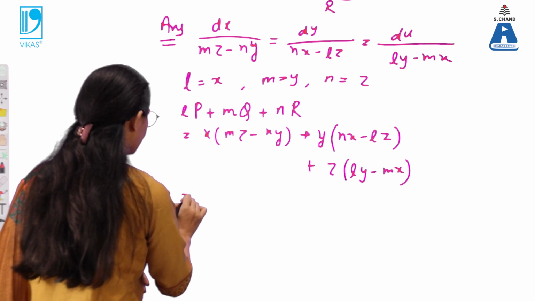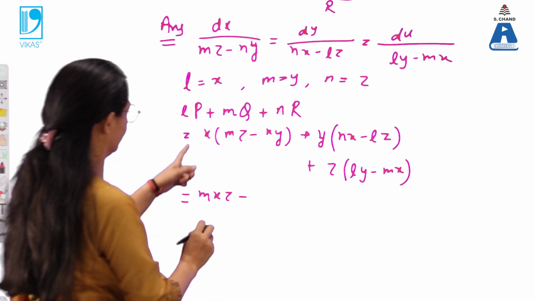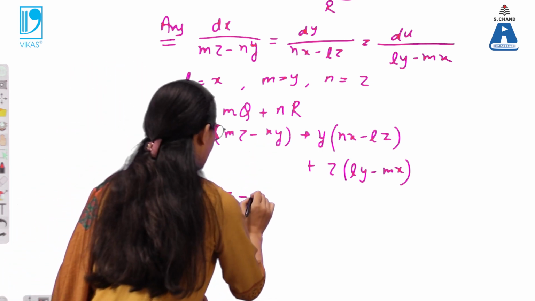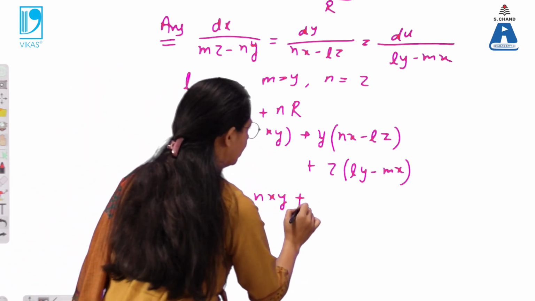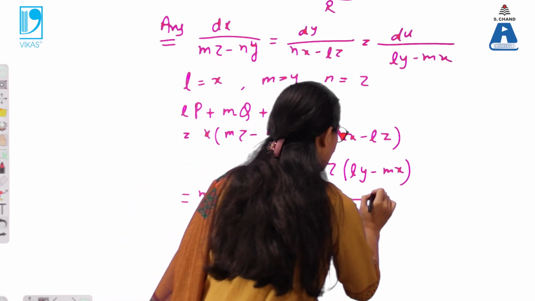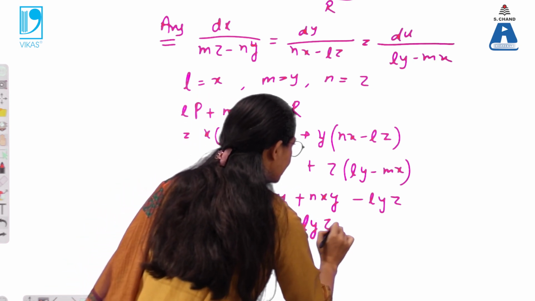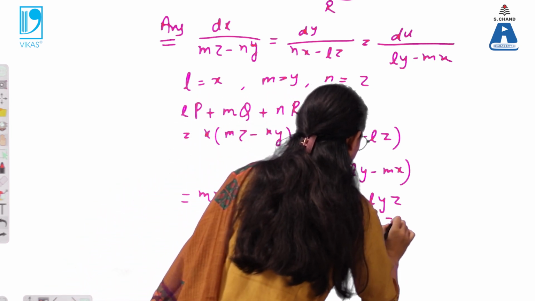So if we solve this, it becomes mxz minus nxy plus nxy minus lyz plus lyz minus mxz.